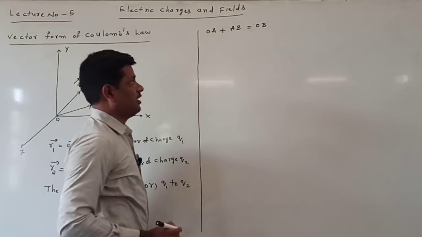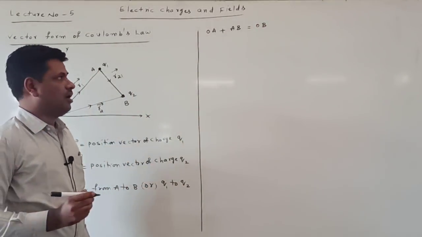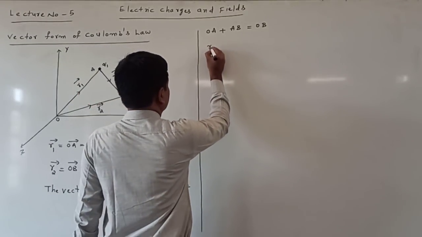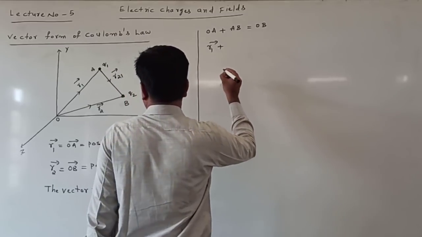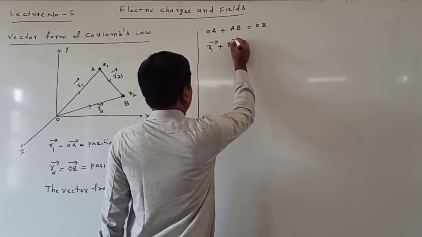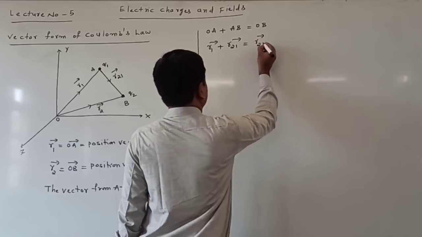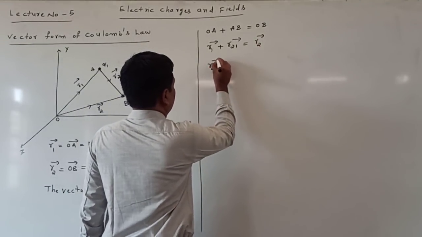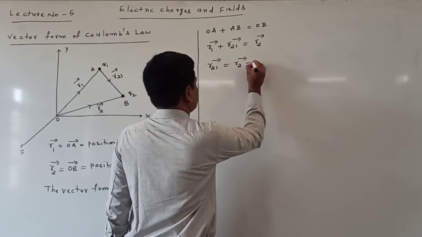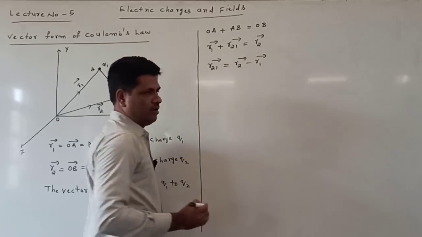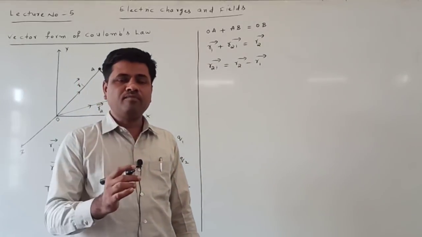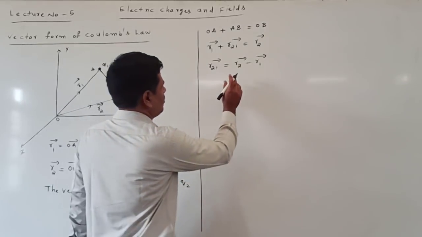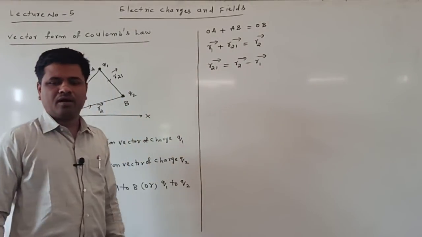Here OA is r1 bar, AB is r21 bar, and OB is r2 bar. From this we write r21 bar is equal to r2 bar minus r1 bar. This is the vector from A to B, or the vector from q1 to q2.